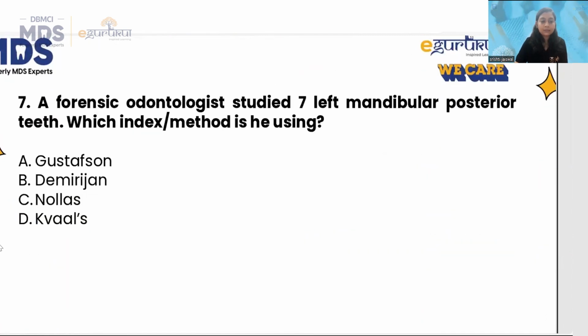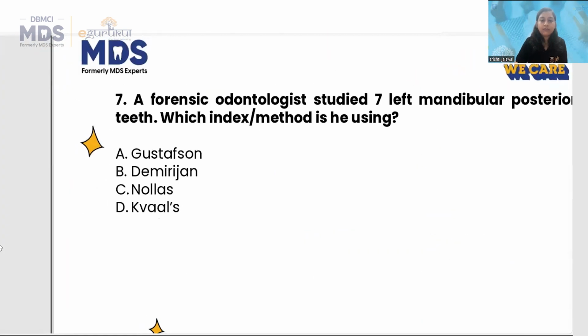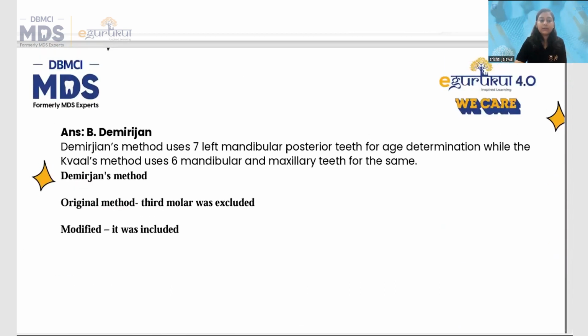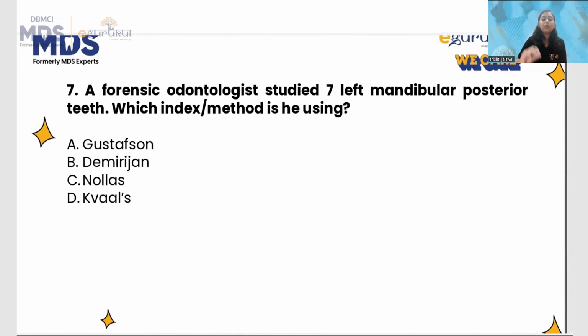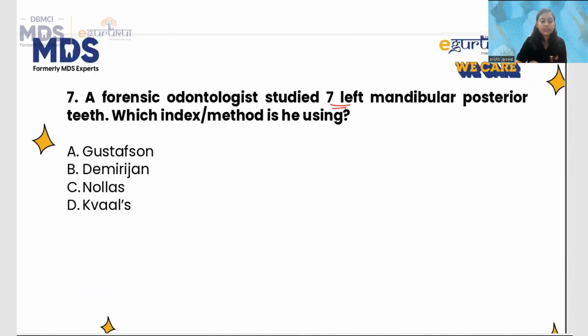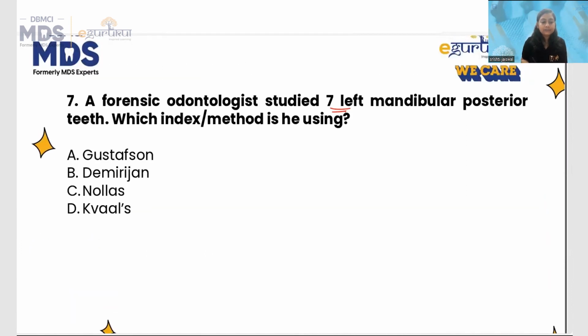Okay, now coming to our next question. A forensic odontologist studied 7 left mandibular posterior teeth. Now which index or method is he using? Now here, 7 left mandibular posterior teeth. I know in these options you can be confused between Demirjian's and Kowal's method, because both are radiographic methods of age estimation.